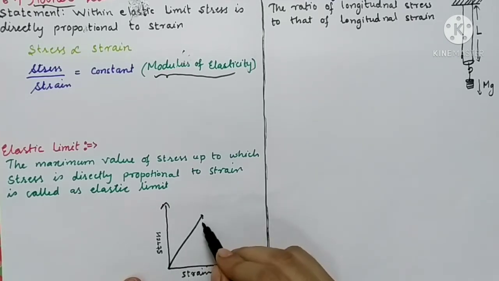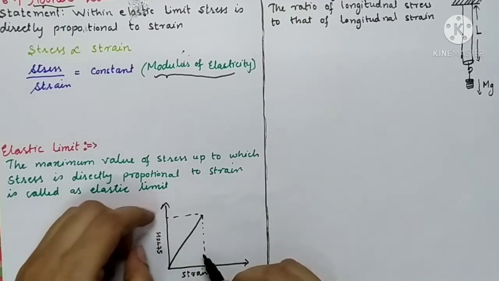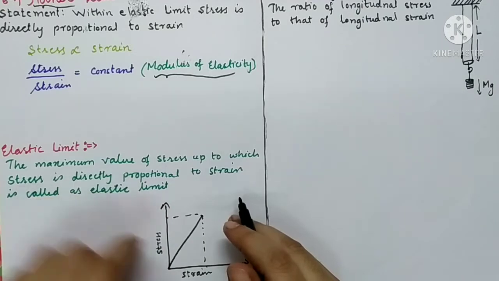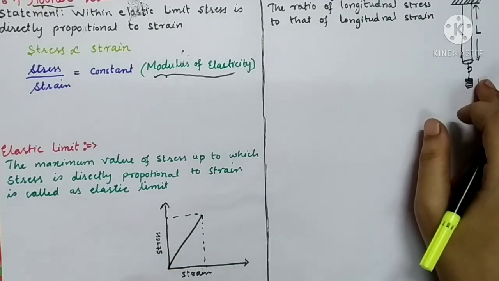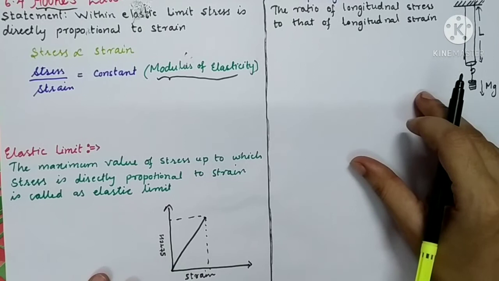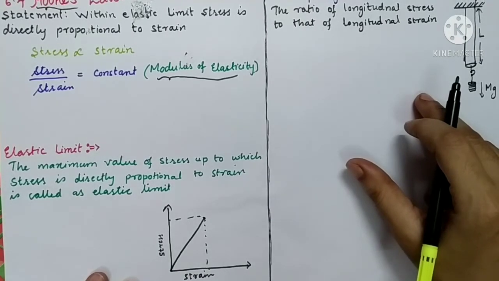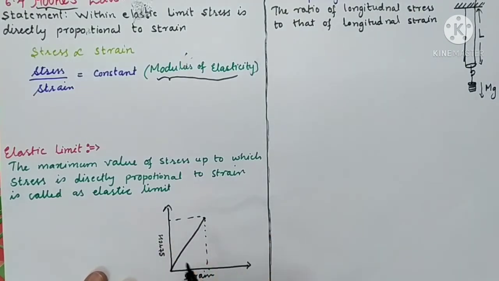Up to this point, when you remove the loads, the wire will again come back to its original length, meaning the wire will not get permanently deformed. So this is called the elastic limit. Up to the elastic limit point, stress is directly proportional to strain.